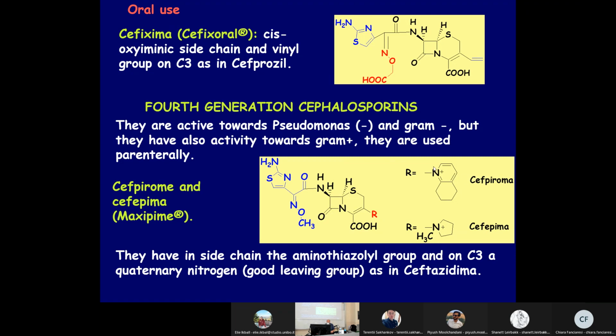In this case, we have pyridinium residues, which represent a good leaving group. Fourth generation cephalosporins are active against gram-negative. That's how it's called, the leaving group. Pyridinium, you see, is like a protonated pyridine.